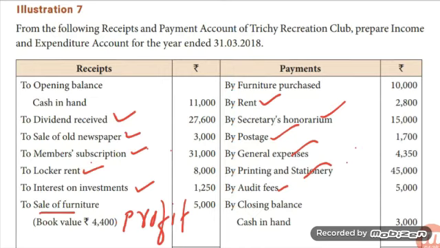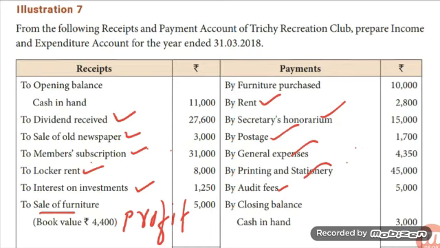Then in payments side, enter all revenue payments on the debit side of income and expenditure account. What is the first item? Furniture purchased. Children, purchase of furniture is a capital payment. So you need not take it in the income and expenditure account.